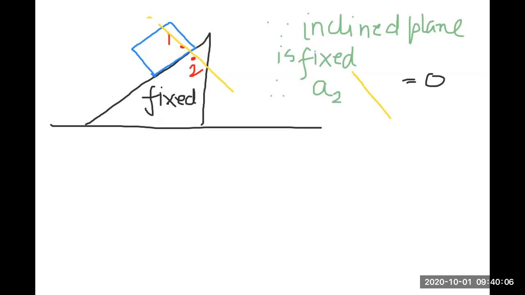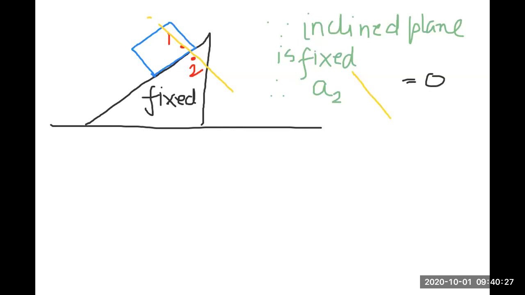In fact, in any direction it is equal to 0. But I am interested in only this yellow direction. Fixed है तो हर direction में 0 acceleration, but I am only interested in the yellow direction.